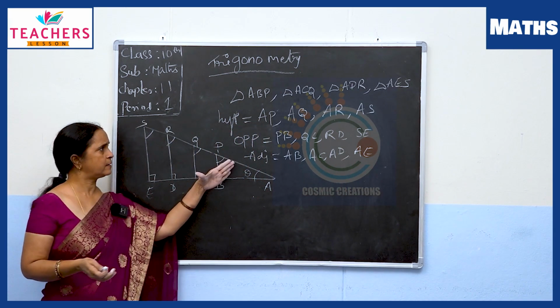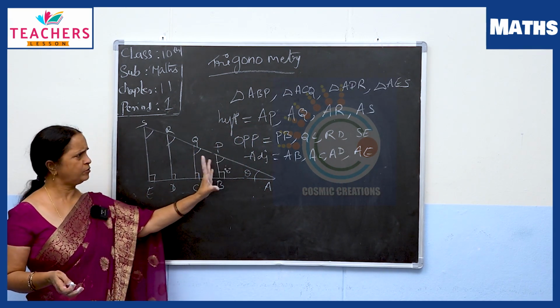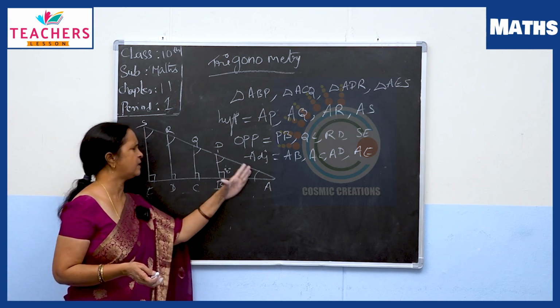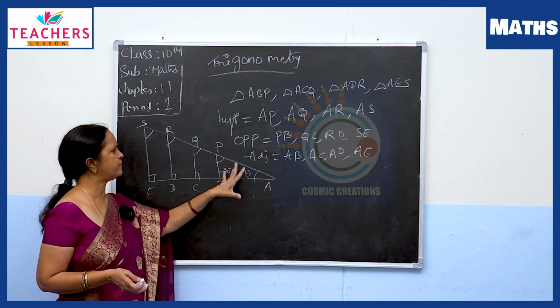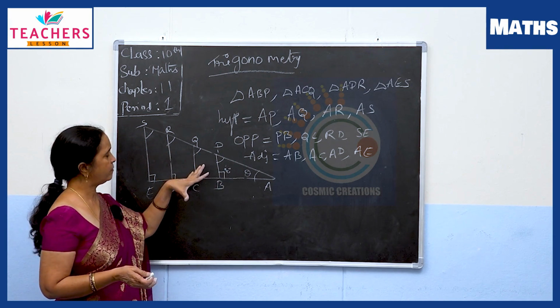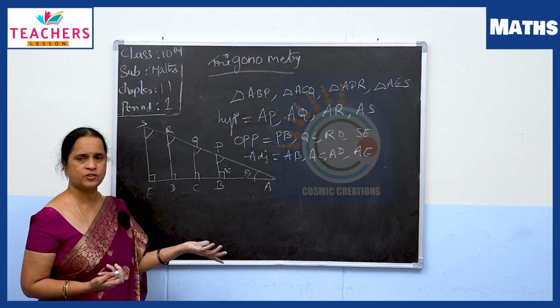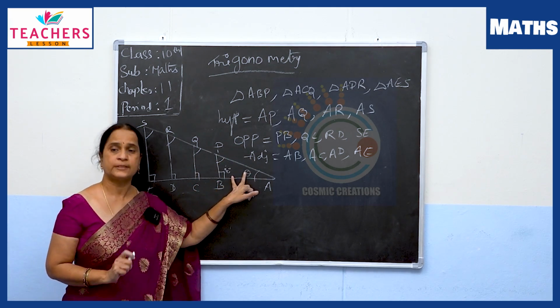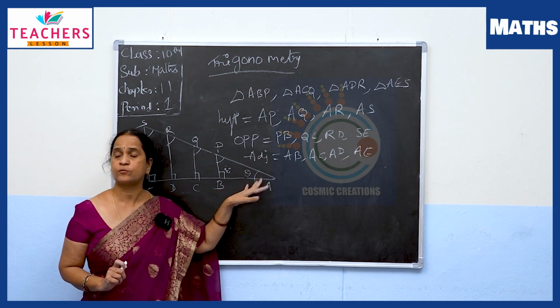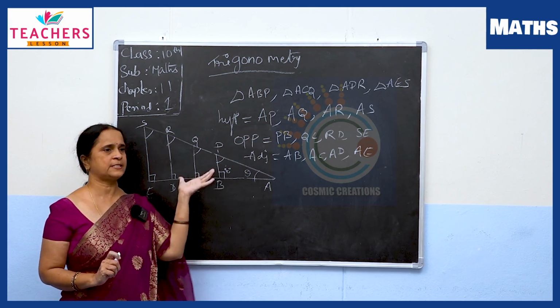What I have written, can you notice all those things? Very easy. Just one triangle is given, and we made 4 triangles. Those all are right angle triangles. From that we have taken the opposite side to theta, the adjacent side to theta, and the hypotenuse.